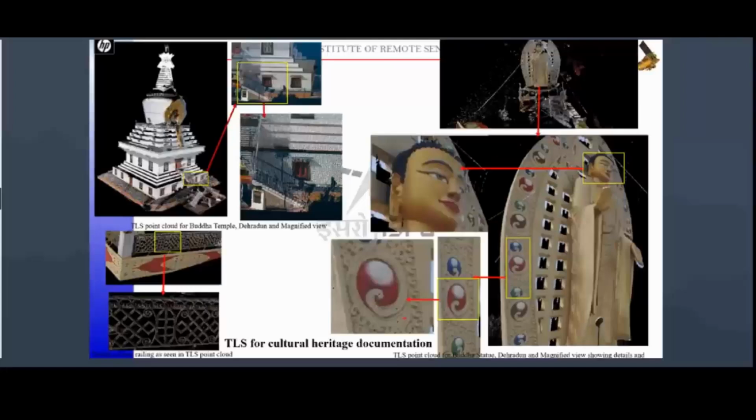This is a huge Buddha statue in the same complex, and we have kept the terrestrial laser scanner on the ground itself. Still, you can see even on the top of the statue, the head of the deity also is showing all the details. Each and every carving is so clearly seen here.